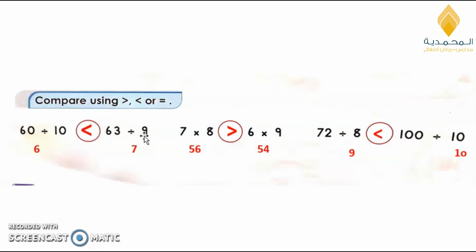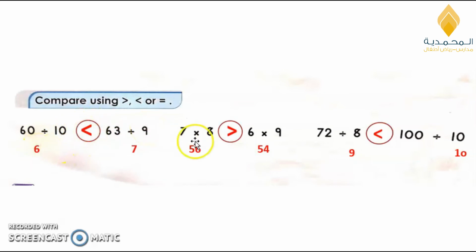The first step is to find the answer. 60 divided by 10 is 6, because 6 times 10 is 60. 63 divided by 9 is 7, because 7 times 9 is 63. So we have here 6 and 7. Which one is greater, the 6 or 7? Yes, 7 is greater than 6.